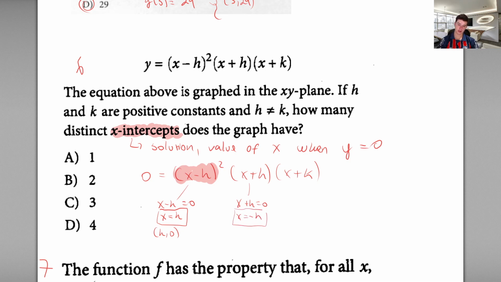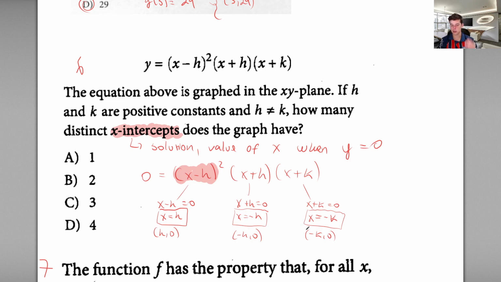That's a different x-intercept, (minus h, 0), and x plus k can be 0 as well. So x equals minus k is another possibility, (minus k, 0).